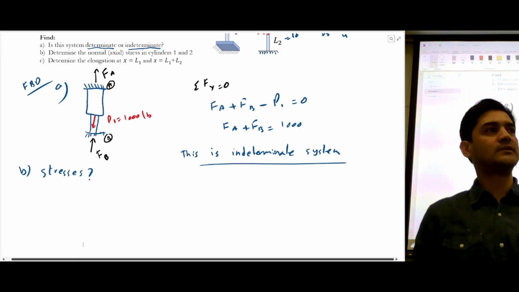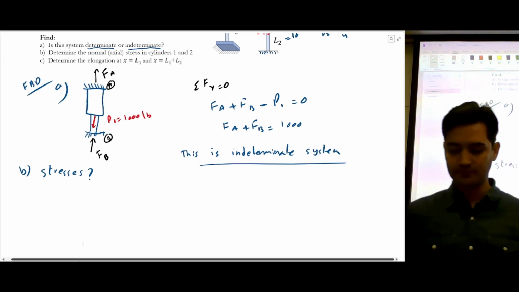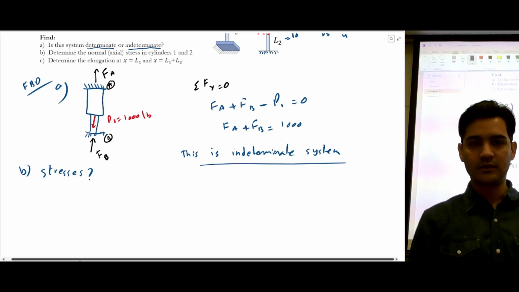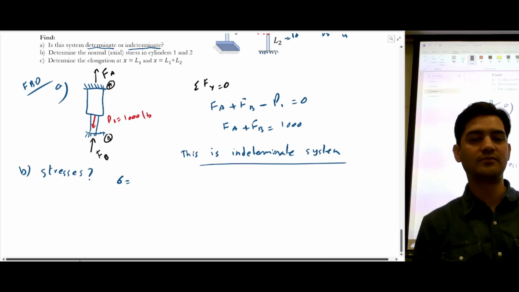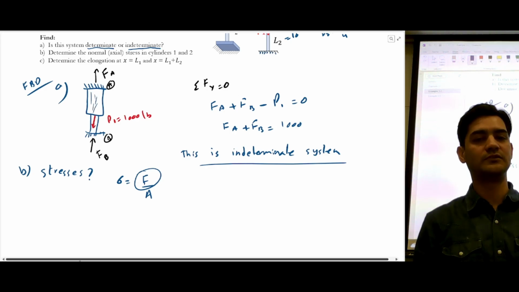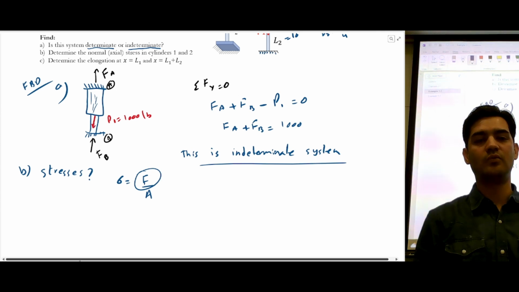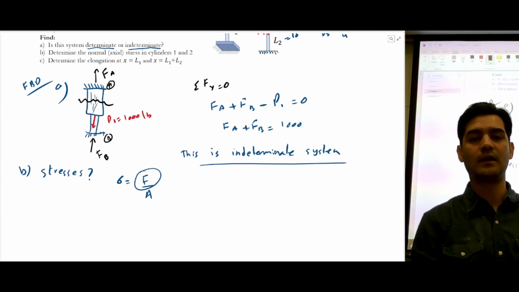But let's just try to solve the internal loads. We need to calculate stresses, and for stresses we need force. This force is the force inside the member, the internal force, the internal load. You can calculate the internal load by making a cut.